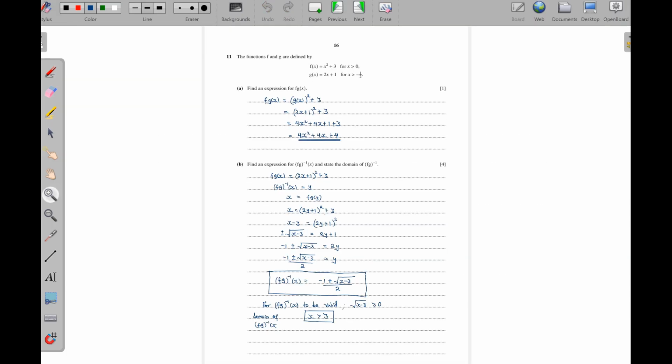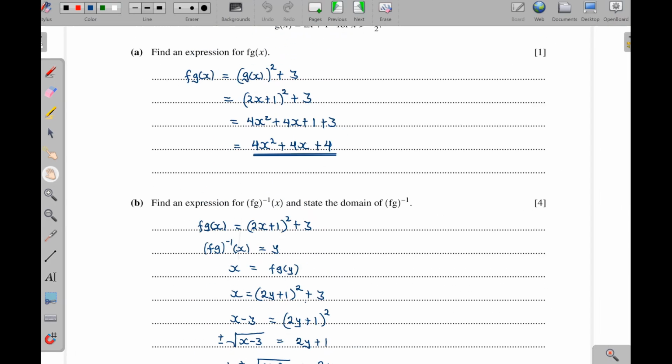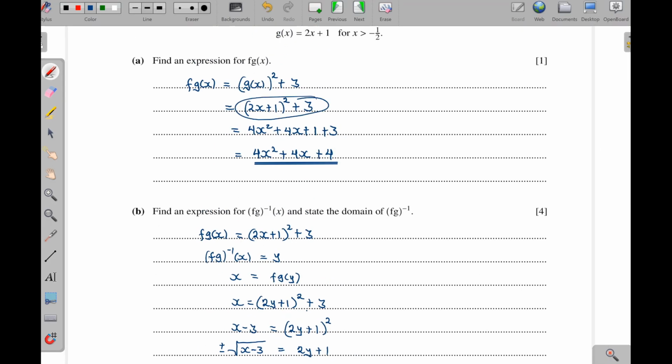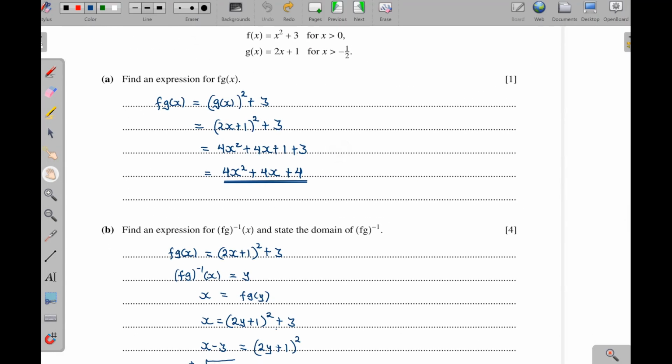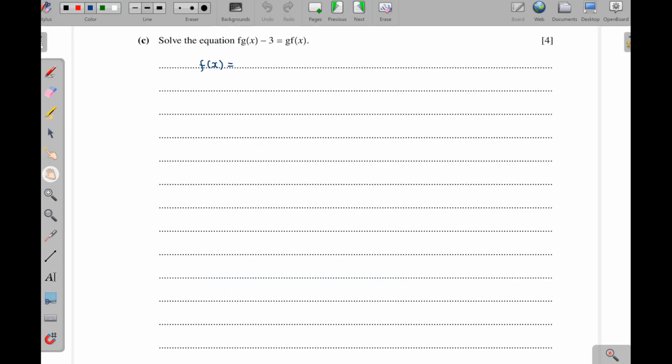We saw that f of x is x squared plus 3, and the g of x is 2x plus 1. So our gf of x, we have seen it as 4x squared plus 4x plus 4.